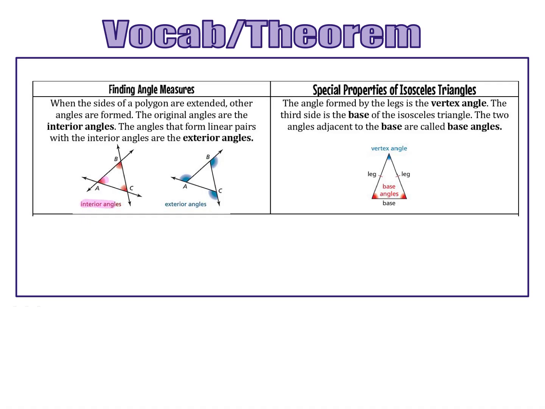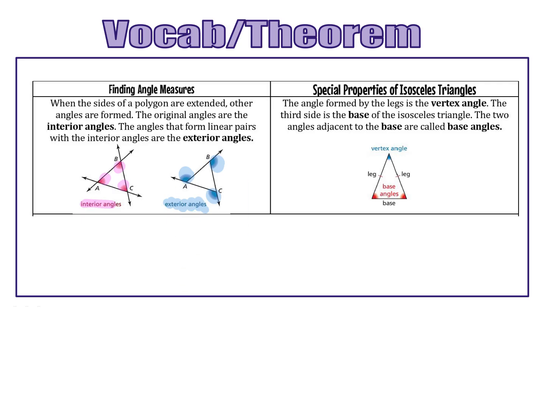Interior angles are angles that are inside a figure, so the angles inside a triangle, and exterior angles are angles that are on the exterior or the outside of a triangle or any polygon, any figure with sides like these. It's easiest to see the difference between the interior and exterior angles if we think about extending the sides of the triangle to go further. So what's inside the shape versus what's outside the shape being formed by the lines.